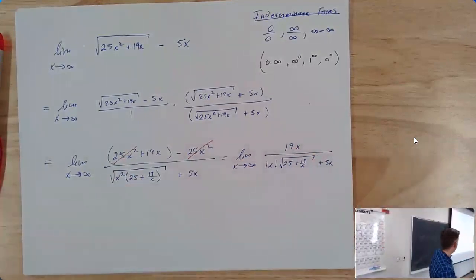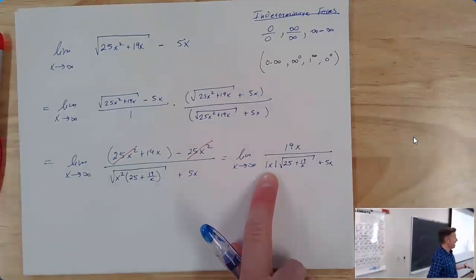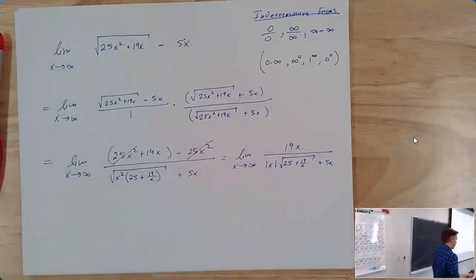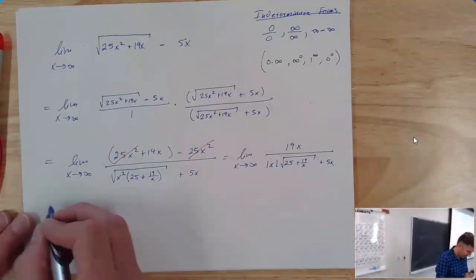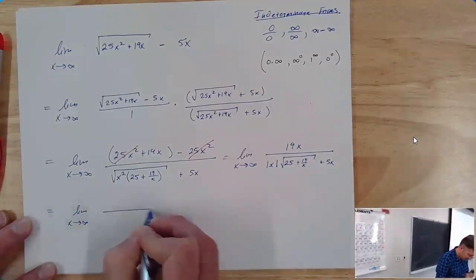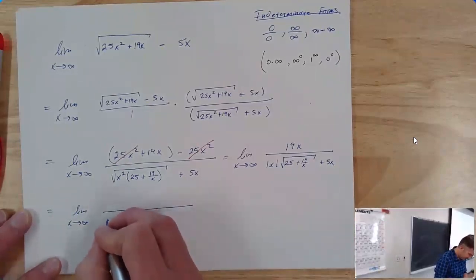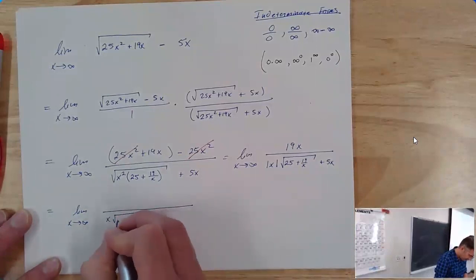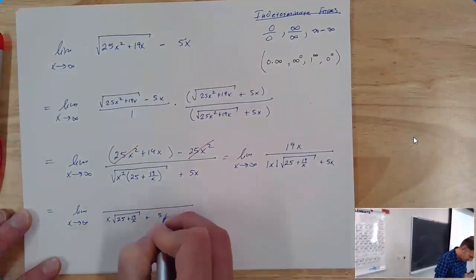And now here's the point where if we were going to negative infinity, we would have to say that the absolute value of x was equal to negative x. But we're not going to positive infinity, so we just drop it. We say, okay, great, that's the limit as x goes to infinity of, I'm going to leave myself some room here. So I'm going to write this as x times the square root of 25 plus 19 over x plus 5x.